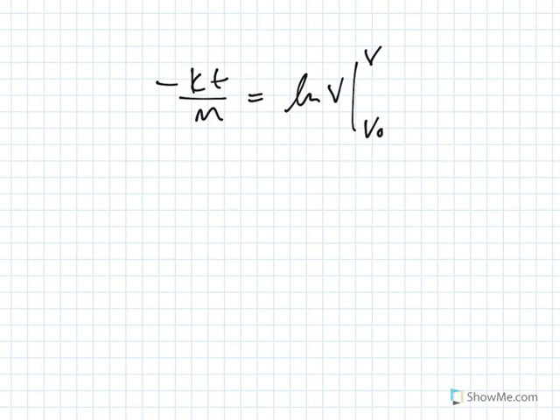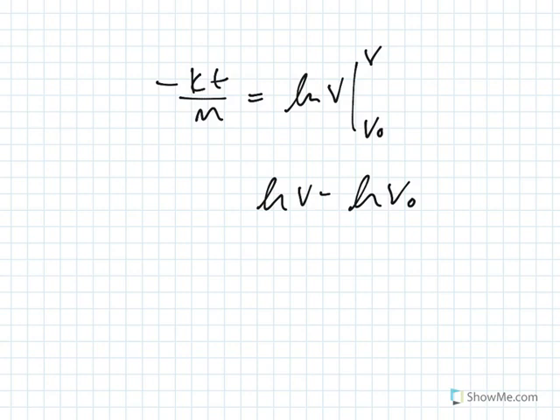Okay, so then on the right side here, ln of v from v to v naught, that's going to be ln of v minus ln of v naught.